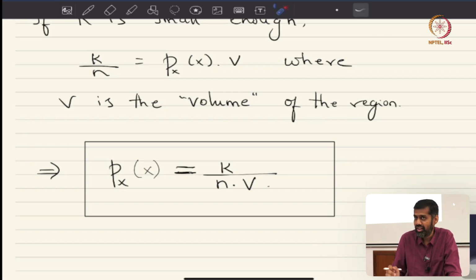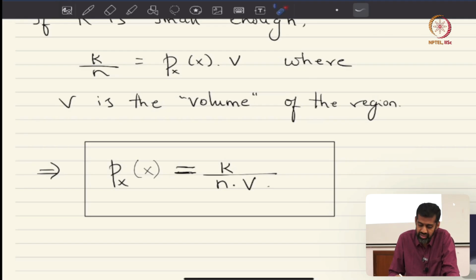Now we have to extrapolate this idea into a d-dimensional space. So basically I am saying that the estimate of the density function at a given point x is given by k by n times V, where k is the number of times that your data point has fallen within a volume V, where V is a very small volume that is considered around that particular point x.